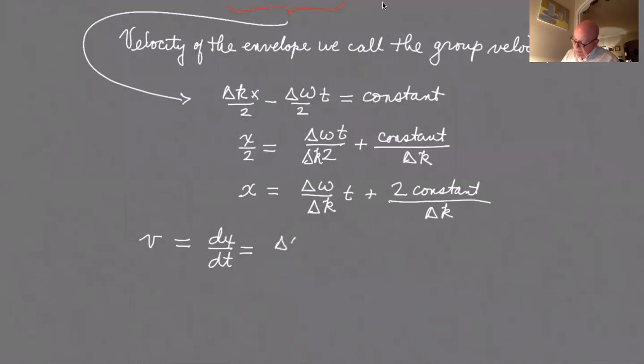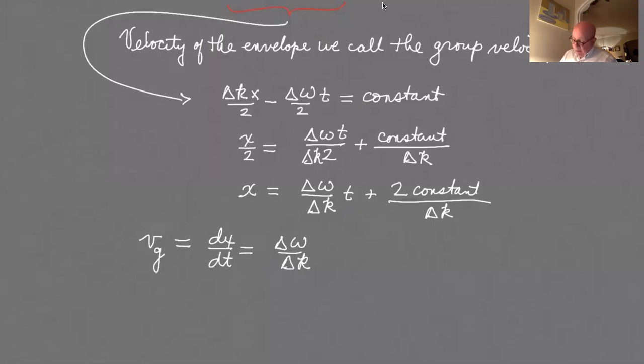It's going to be delta omega over delta k. And we call that the group velocity. And so clearly, that's going to be a different velocity than the phase velocity.